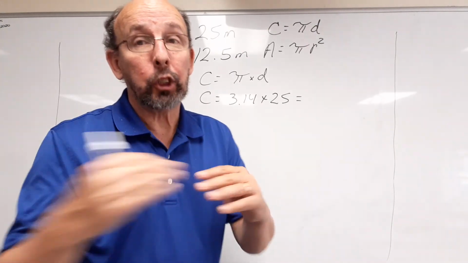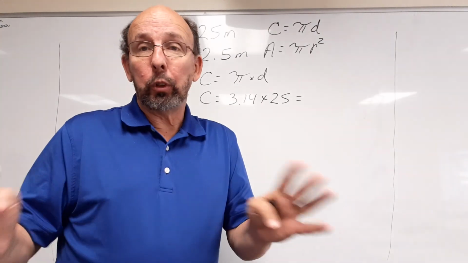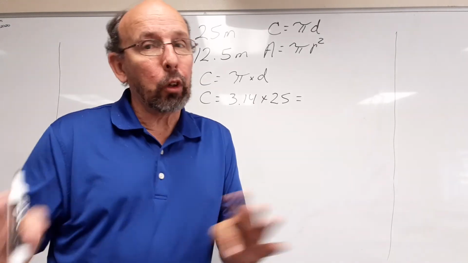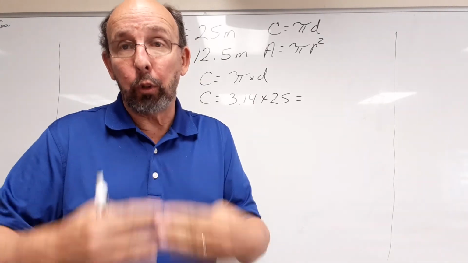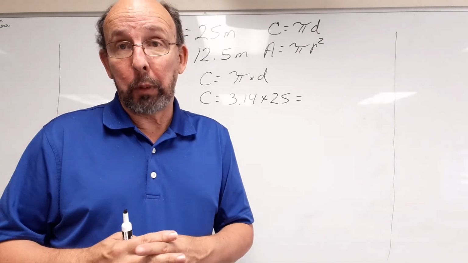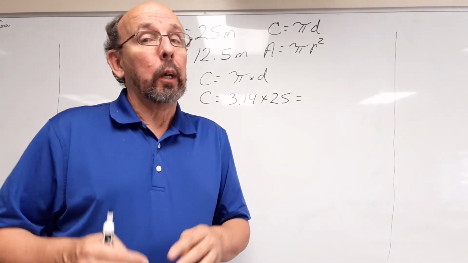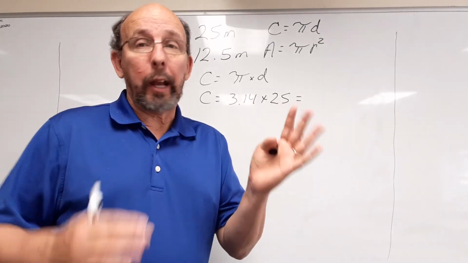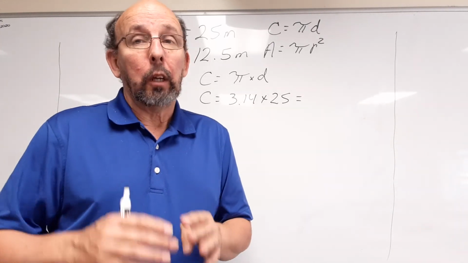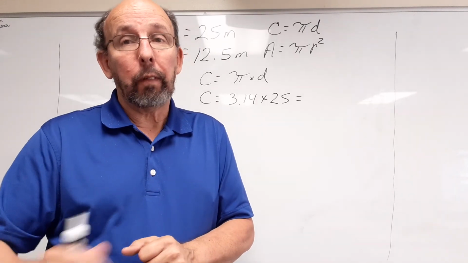Or do it longhand, check it with a calculator. Whatever. I don't want your mistakes to be because you multiplied wrong. I want to know that you know how to set up the problem and do the problem. That's the main thing for me right now. So I don't want you to miss it because you multiplied wrong or you added wrong or whatever it happens to be. If you need to use a calculator to solve it, that's fine.